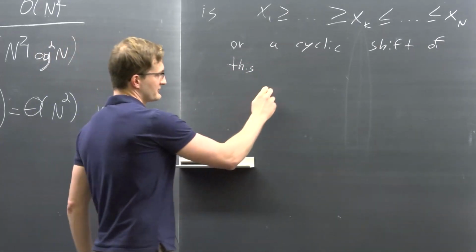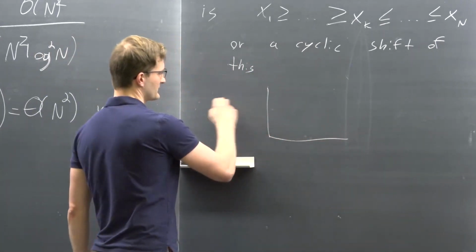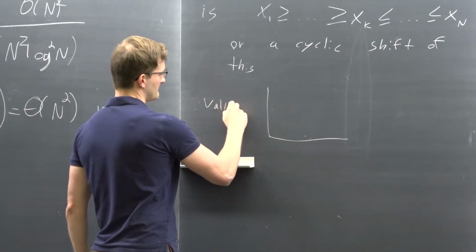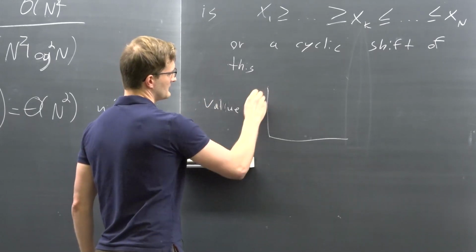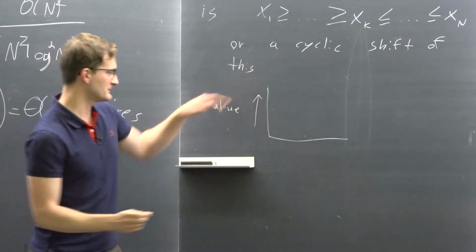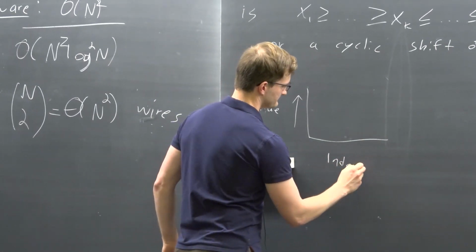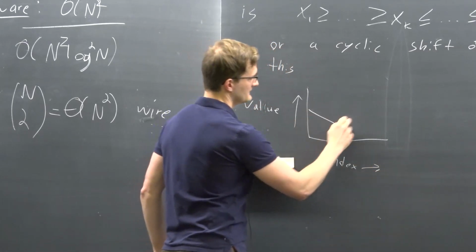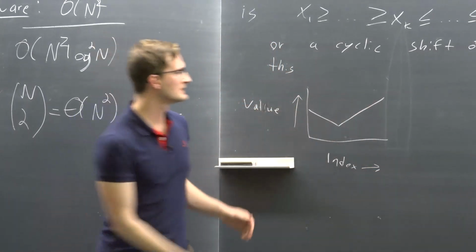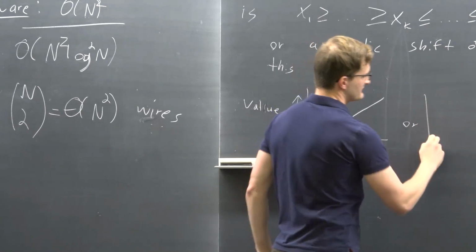And I'll draw a picture to illustrate what's going on here. I draw the value of the elements up here, and I draw the index, then it looks like that. Or some shift of it.